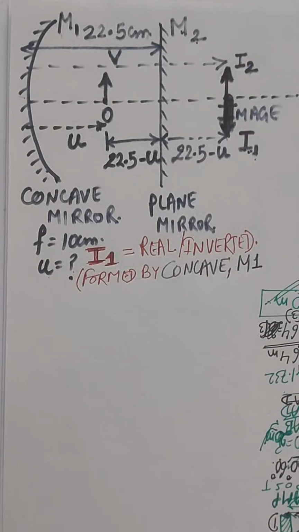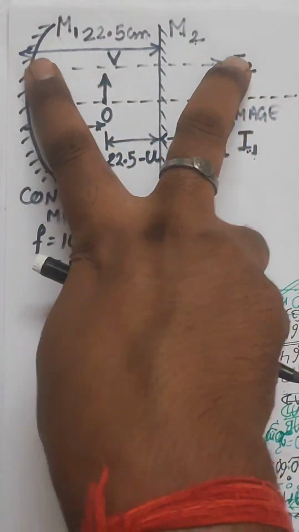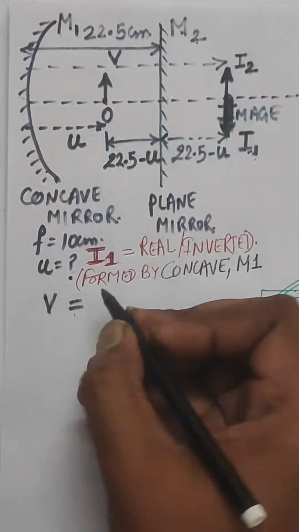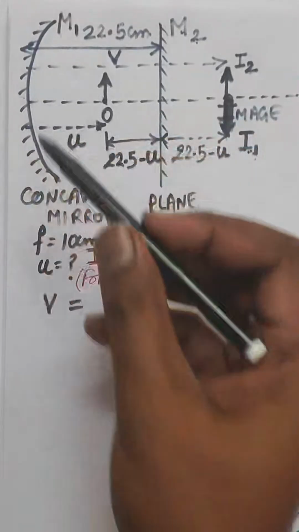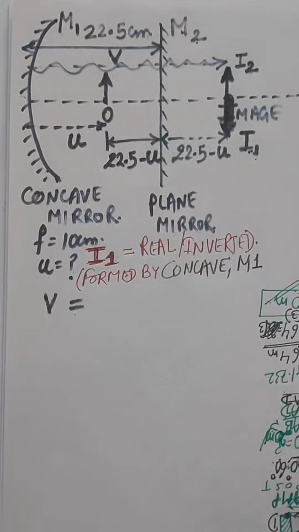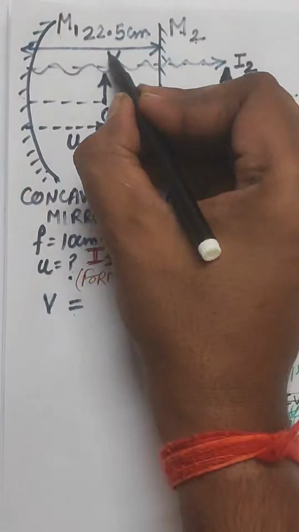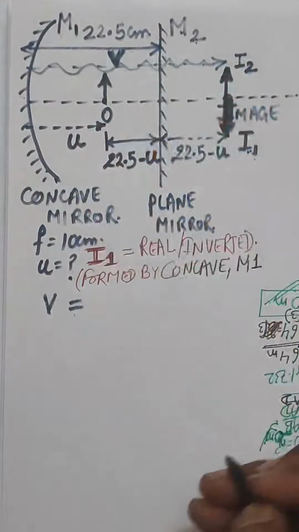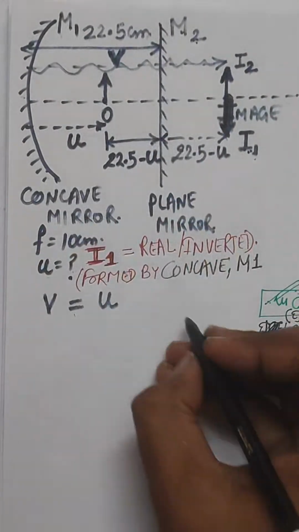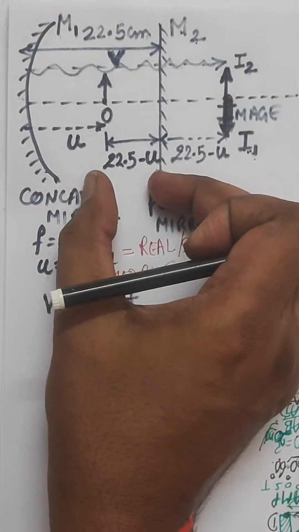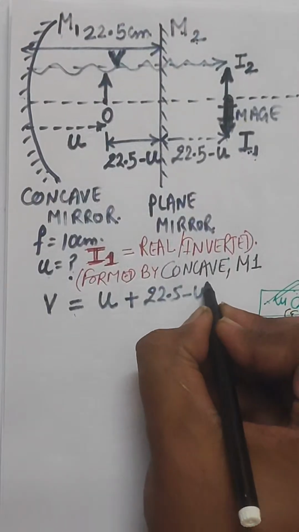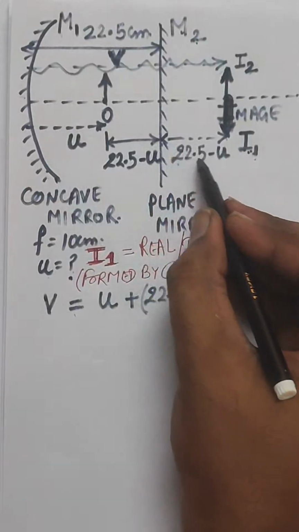If this is V, then this V, that is the image distance, is equal to this object distance u plus 22.5 minus u, the distance of the object placed in front of the plane mirror, and plus 22.5 minus u, this one.